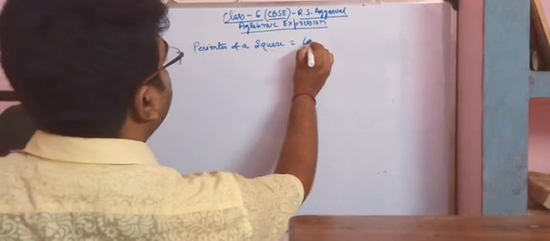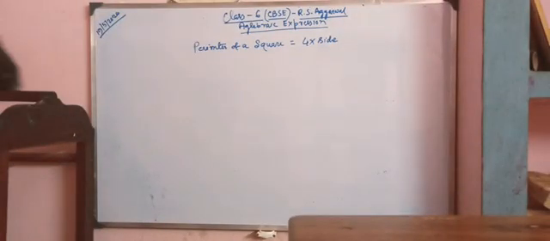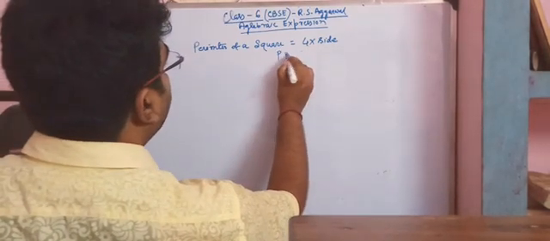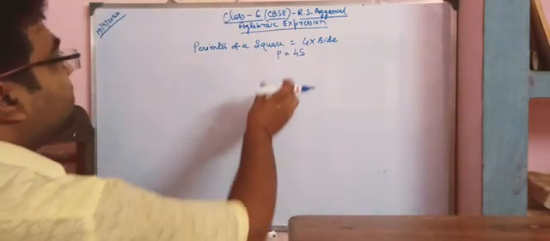Now, if we represent the perimeter by the small letter p and the length of the side by the letter s, then we get p is equal to 4s.